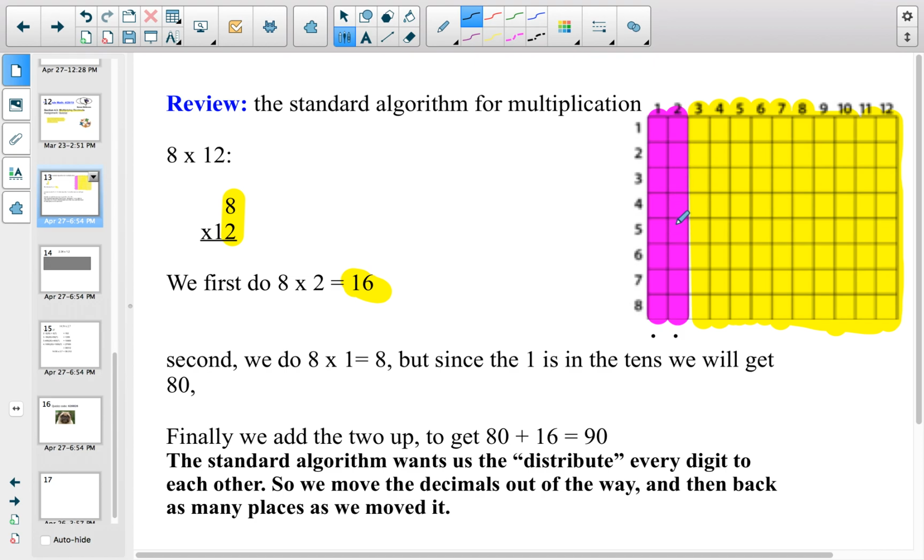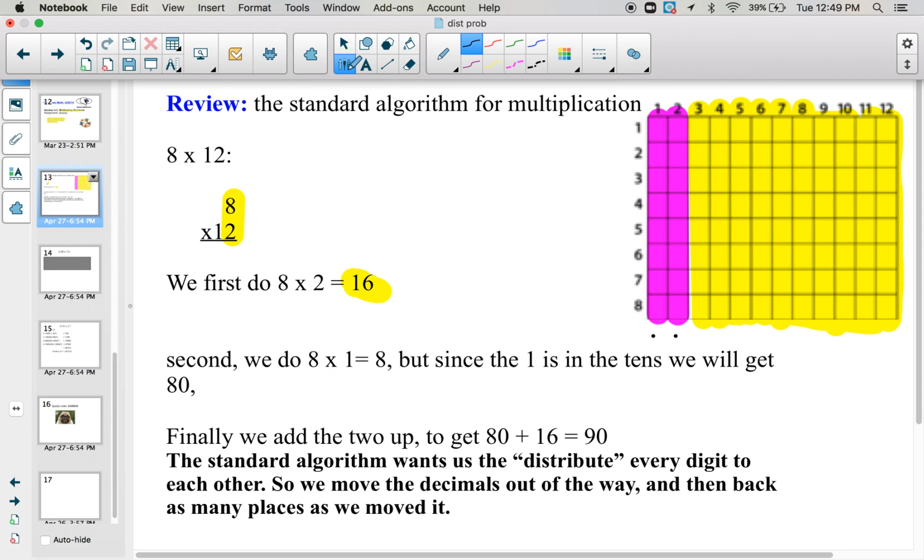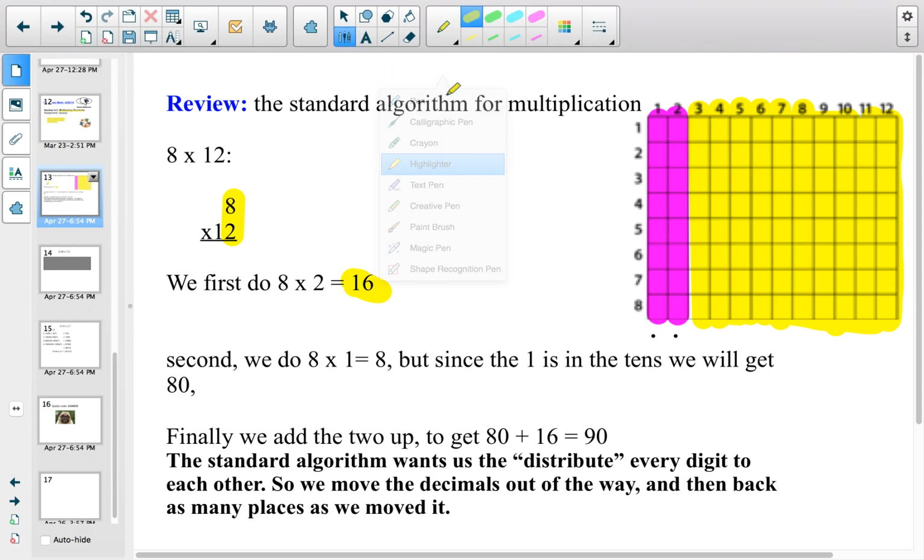If we do the second part, we have 8 times 1, but really this is 10. So 8 times 10. 8 times 1 is 8, but it'll be 80 because it's really 10 that we're multiplying.